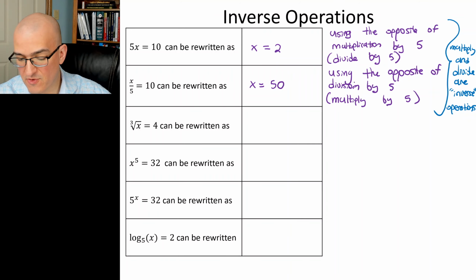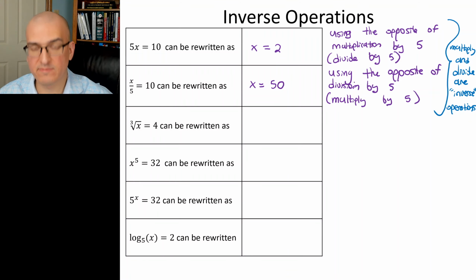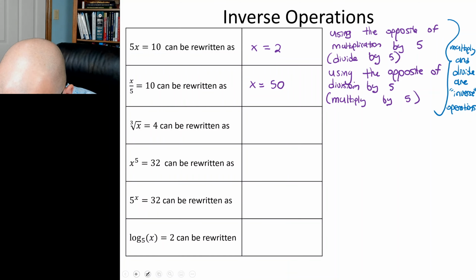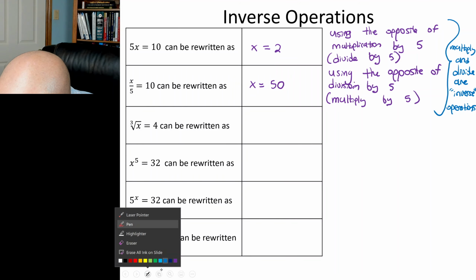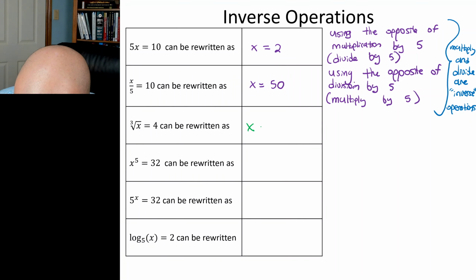Next one, the third root of x is equal to 4. How do we rewrite that? Well, that means x is equal to 64, but how do we get that? So we're going to use the opposite of cube root.